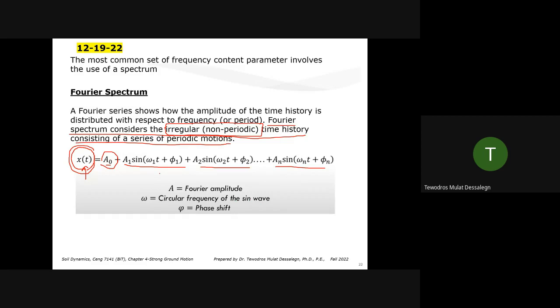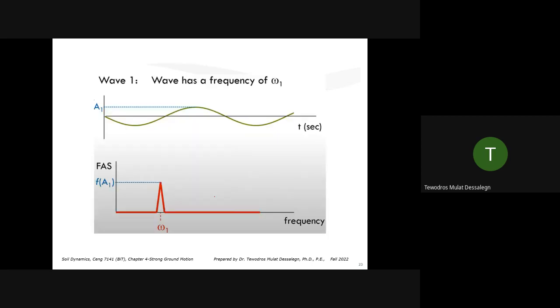In this case, we're using several sine waves, several periodic motions, and phi is the phase shift in each of them. So what it means practically is, let's say you have one wave with a frequency of, say, omega 1.